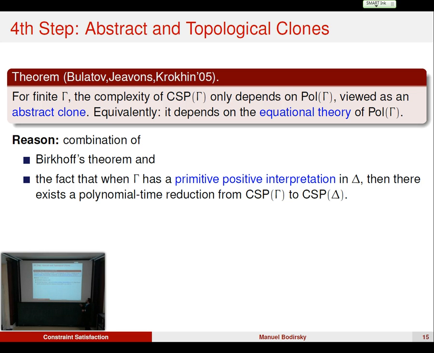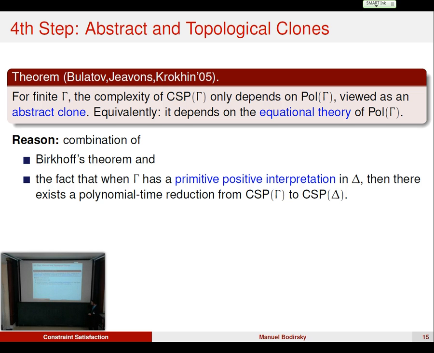You can look at something more general, interpretations. What is a primitive positive interpretation? It's just a normal interpretation in model theory where you require that all formulas are primitive positive. And those primitive positive interpretations preserve the complexity of the CSP as well. So these two facts together show this.